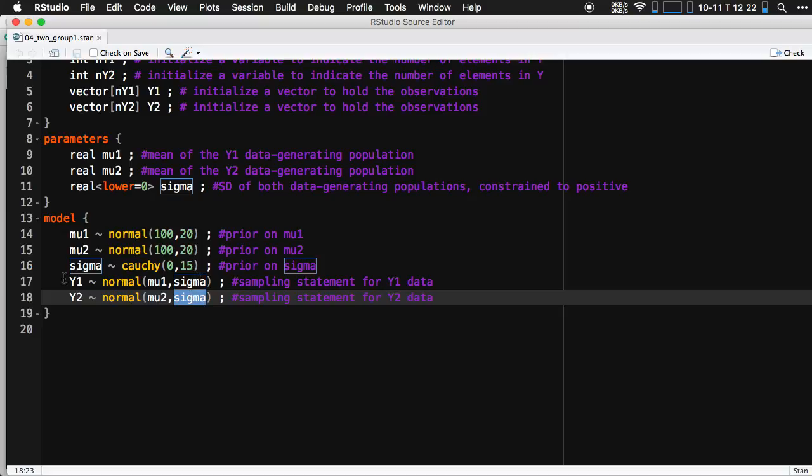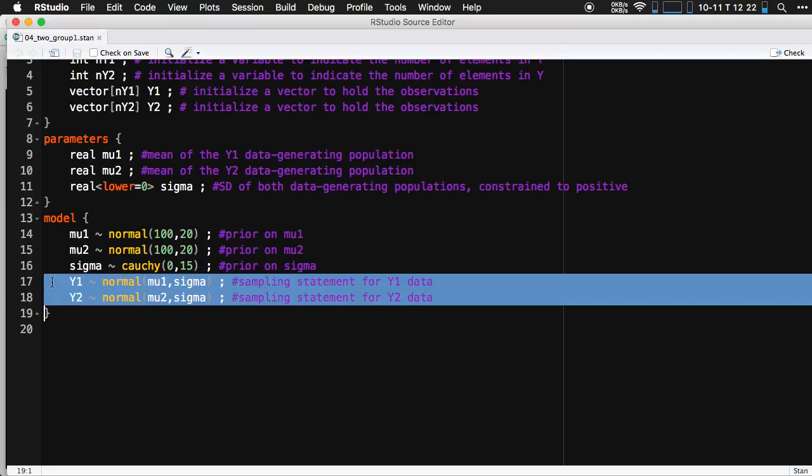So can anybody translate that into English, into a verbal expression of what our generative model is? Y1 is normally distributed with a mean of mu1, which is again normally distributed somewhere between, and a variance of sigma.